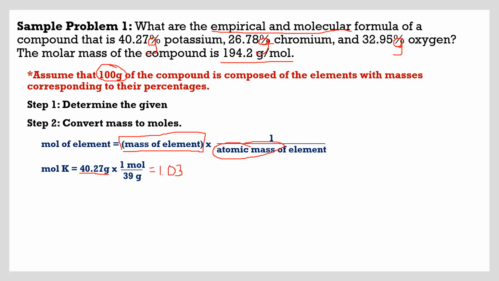1.03 moles. The next one is for chromium. The mass of the element is 26.78 grams times 1 mole divided by the atomic mass of the chromium, which is 52. So cancel the grams, and the mole will be the unit. So 26.78 grams times 1 mole divided by 52, that is equal to 0.52.